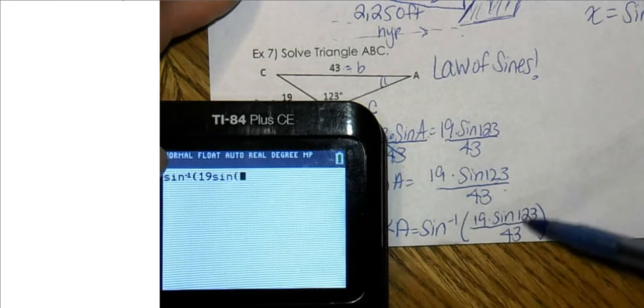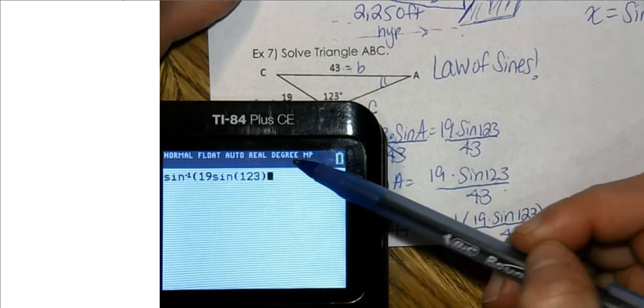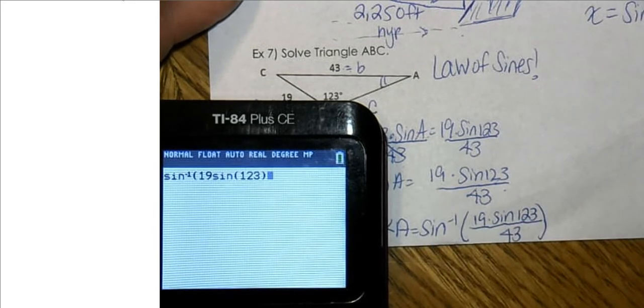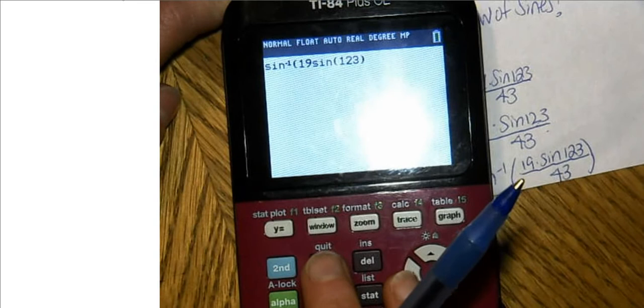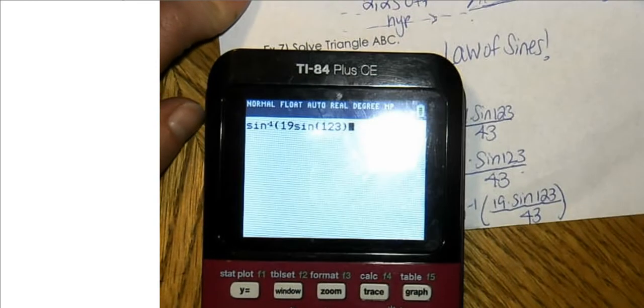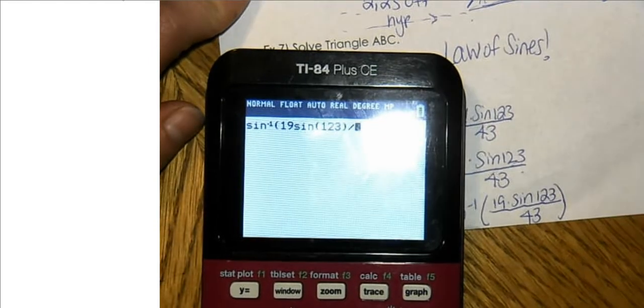The other piece is normal sine of 123 degrees. So always make sure your calculator's in degree mode. That's really important. I know that my calculator's in degree mode because it says so up here. You can always check by clicking on the mode button if you're working with a graphing calculator and verifying that it's in degree mode. So this is 19 times the sine of 123 divided by 43.